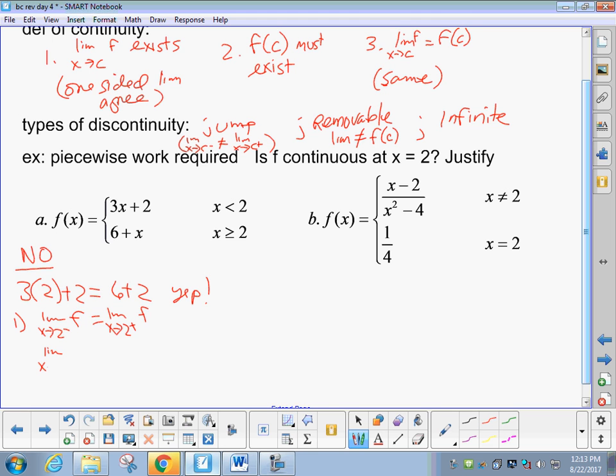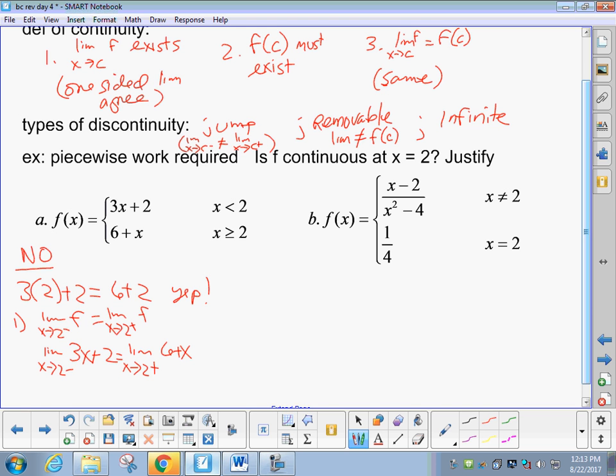You should identify which piece you're referring to. If I approach 2 from below, which of the two pieces am I using? The upper, 3x plus 2. That needs to equal the limit as x approaches 2 from above. What's the upper function? 6 plus x. Now that your hand's worn out, now you can start doing the limits.